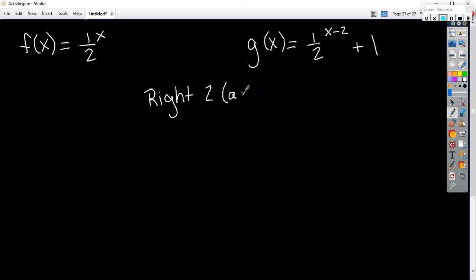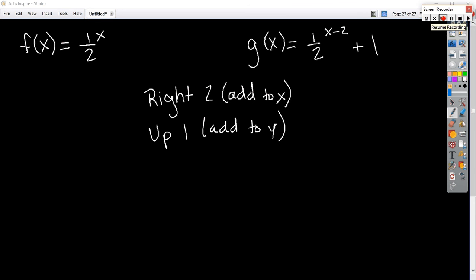So I'm going to put that in parentheses so you can really see. Add to x. And then what'd you say about y? Is anything being done to y? Up 1. So that's what we're going to add to y. If it was down, I would be subtracting, right?